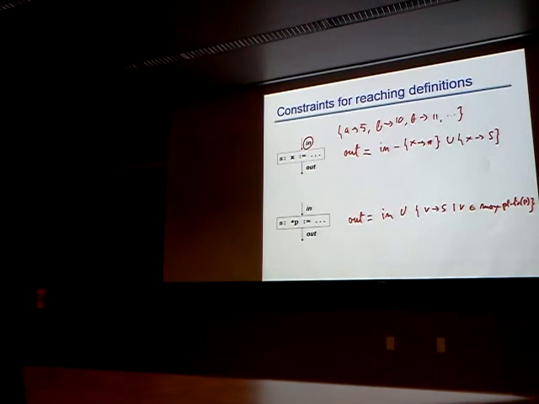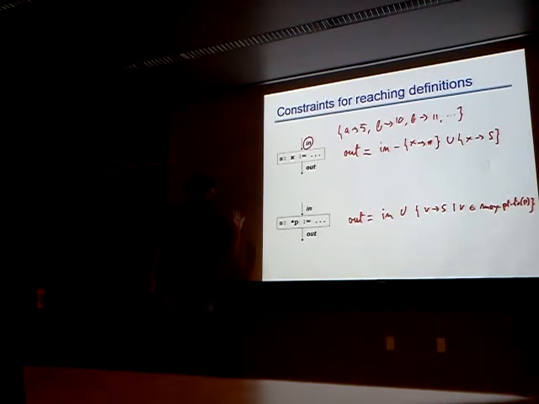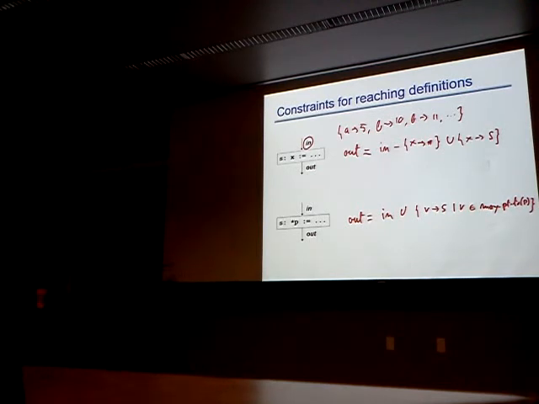What you're saying is, if may point to contains only one thing, then that means that P definitely points to that thing, and therefore we could just delete it. And the way that I'm going to think about that is that I'd like to have a separate analysis called a must pointer analysis, which returns to me a single variable if you know that it points to that thing, or just the empty set if you don't know anything about it.